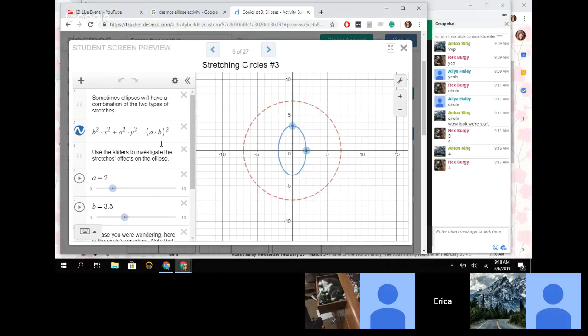Your equation would be whatever your radius is. Let's say that your radius is, in this case, what is it? Yeah, they have 7. They have a radius of 7.